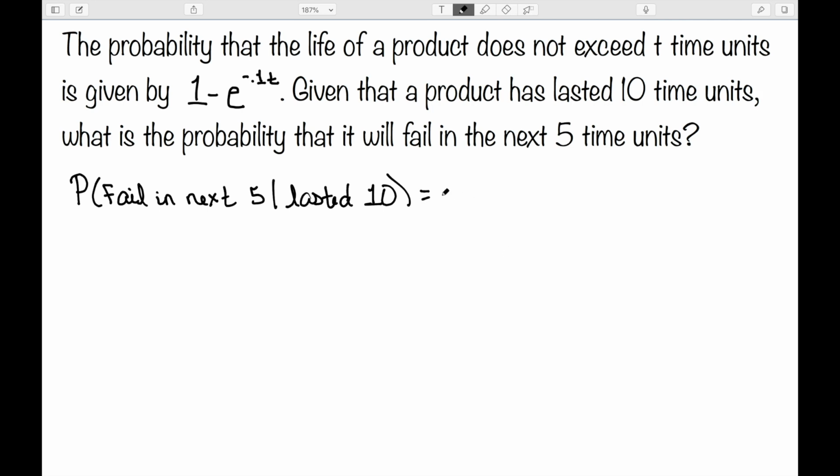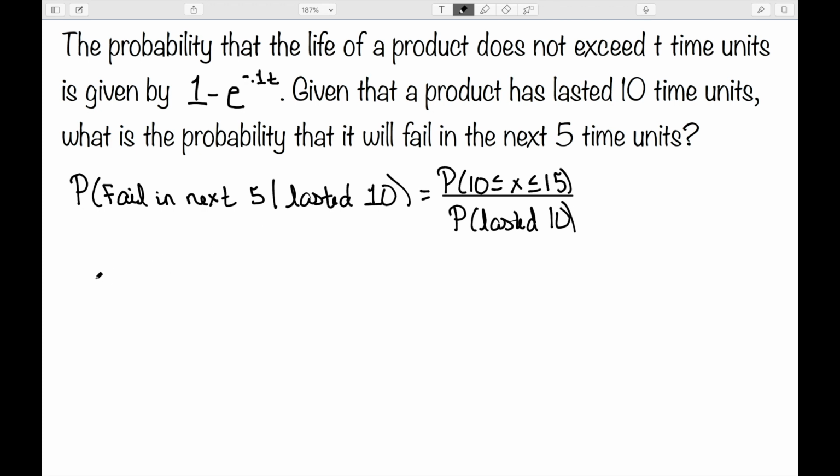When I'm looking at this fraction, the top is the probability of both of these things happening, that it fails in the next 5 and lasted 10. So we need it to last between 10 and 15 over the probability of the thing we know happened, that it lasted 10.